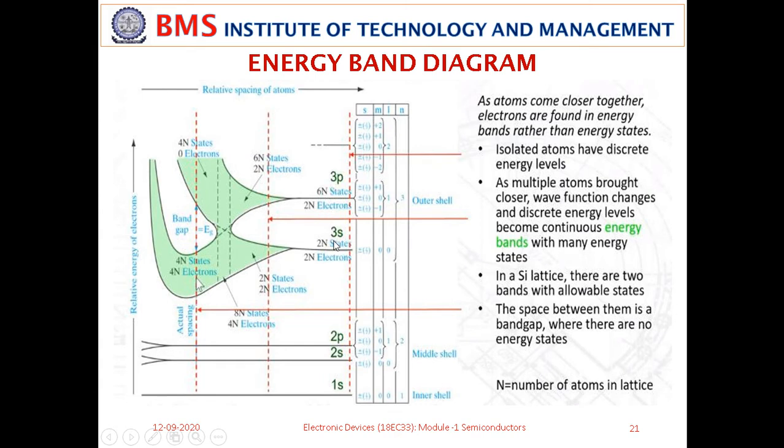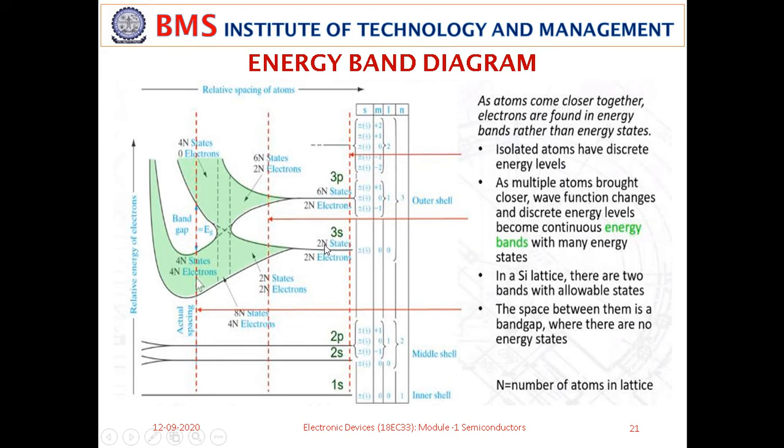Here you can see that the 3s shell has got 2N states. 2N indicates its vacant states, and in that, 2N electrons are occupied. So there are 2N states and 2N electrons. Here capital N indicates the total number of atoms in the lattice.